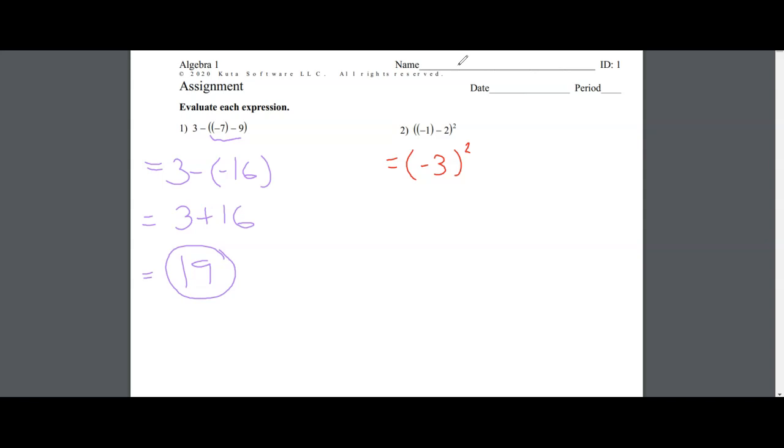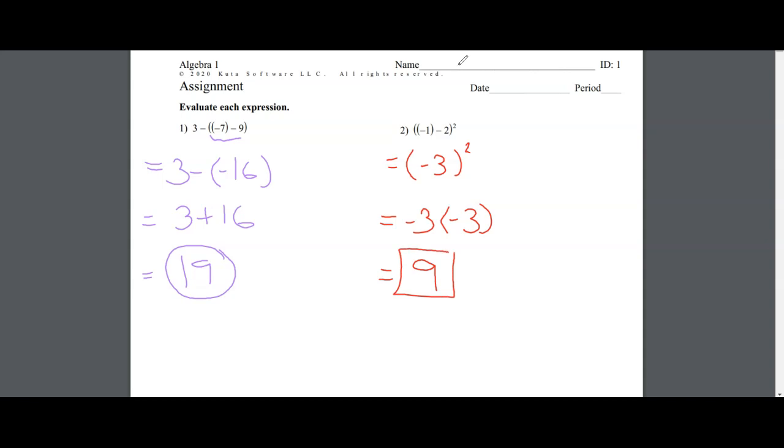Exponent just means we multiply the number by itself that many times. So what this is really saying is -3 times -3. That is what -3 squared is telling us to do. A negative times a negative, that is going to give us a positive. So we have +9 as our answer.